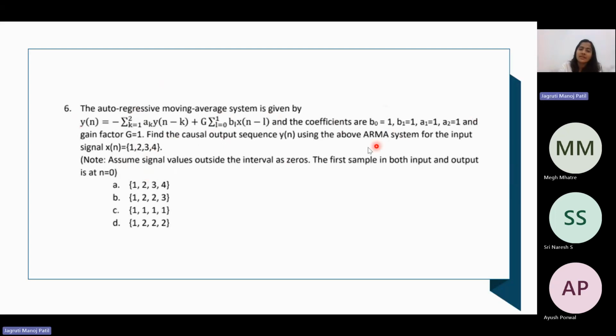So take this hint in mind. The first sample in both input and output is at n equals 0, and then accordingly try to figure it out. Anything that's not given over here, assume it as 0. You'll have a couple of equations and then try to eliminate the equations.